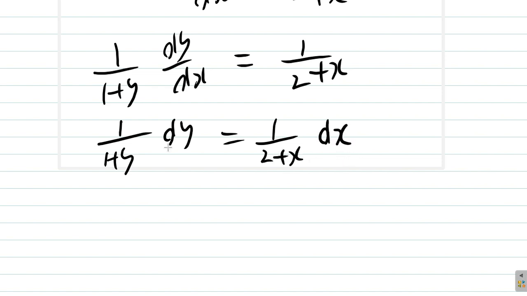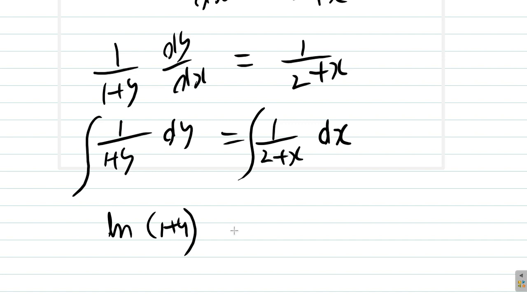Alright? Then we add the integral sign. We're going to integrate. What do you get when you integrate 1 over 1 plus y dy? Well, you would get ln 1 plus y.